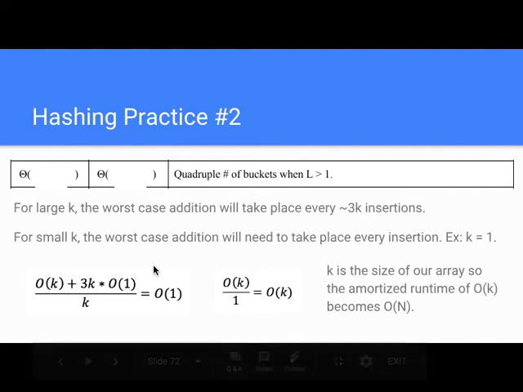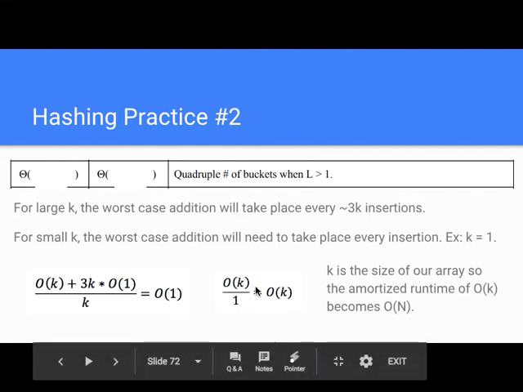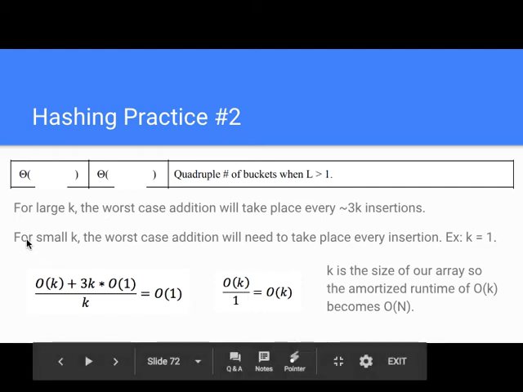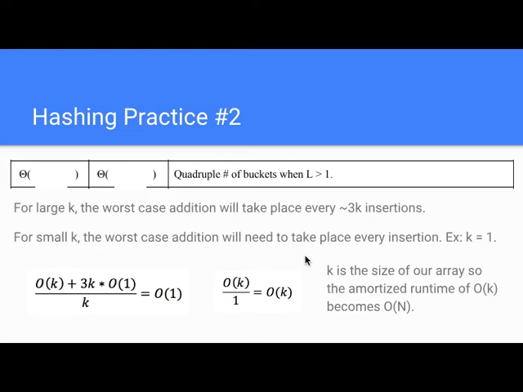So when we do 1 addition here, we only do 1 resize, which is big O of k. Yes, but in this case we're talking about a range, and we're talking about small k. So when we do small k, we assume the worst case: we do a resize.